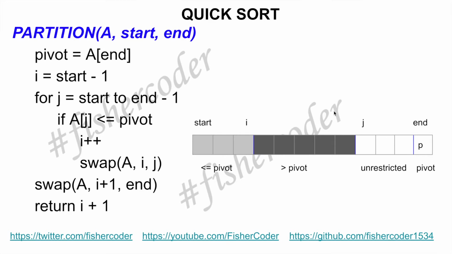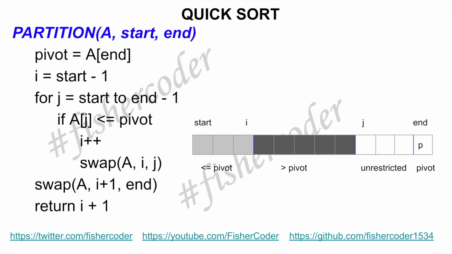This heavily shaded area is the second partition, where all values are exactly greater than the current pivot. And the unshaded partition is the one that hasn't been processed, that hasn't been put into one of the first 2 partitions yet. And the final one is the pivot that we choose. I hope this is helpful to help us understand. If it's not super clear yet, hang on just a few seconds.